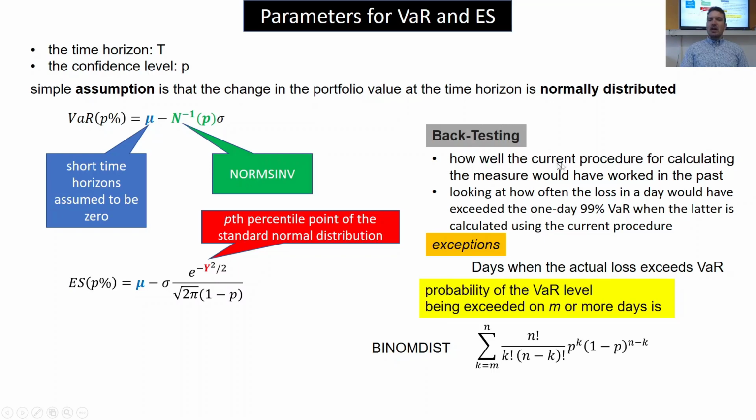So practically how well the current procedure for calculating the measure would have worked in the past, looking at how often the loss in a day would have exceeded the 1 day 99% VaR when the latter is calculated using the current procedure. Yeah, so backtesting can be useful, it still can underestimate risk sometimes.